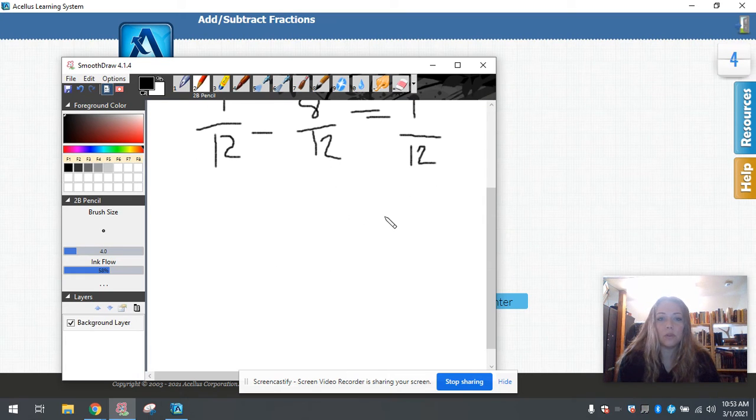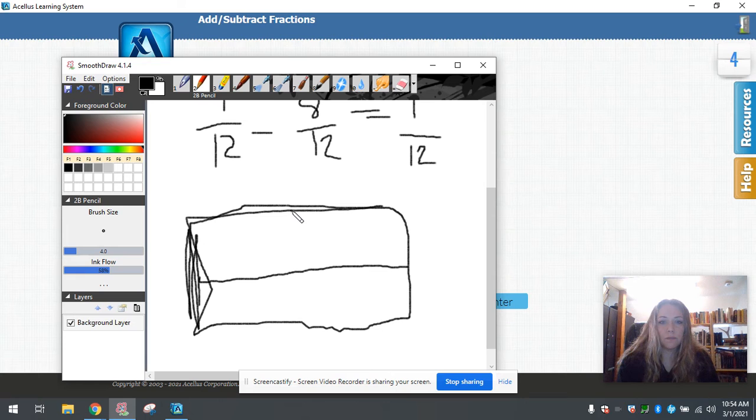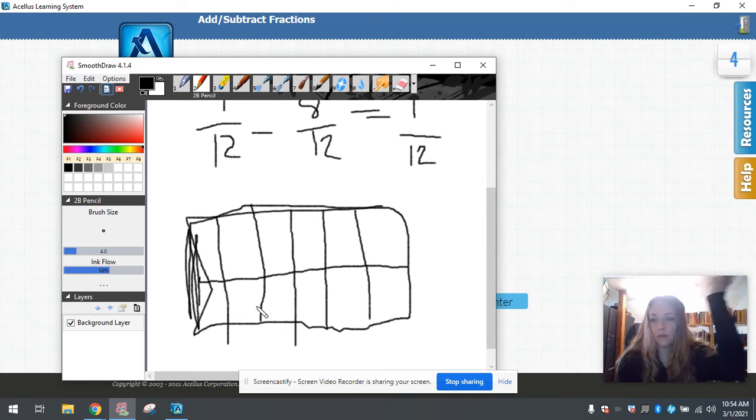Now, here's why we don't subtract the denominator. Oh my gosh, this thing is so rude to me sometimes. Okay, this is a rectangle. Work with me here. I'm going to cut it up into 12 pieces. Pretend these are equal-sized pieces. And now I have 1, 2, 3, 4, 5, 6, 7, 8, 9, 10, 11, 12 of them.